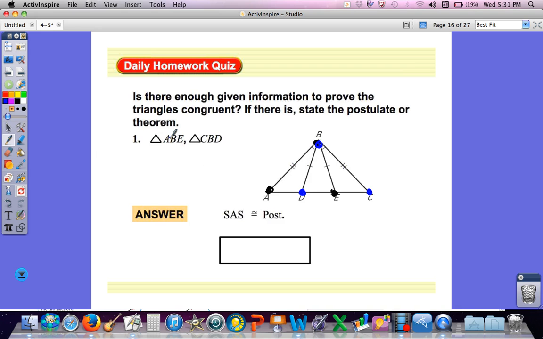AB is congruent to CB, BE is congruent to BD, and since these angles are congruent, because they share the same measure, I can prove that ABE is congruent to CBD. There is enough information through the side-angle-side postulate.